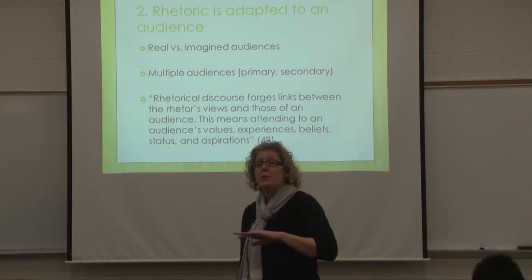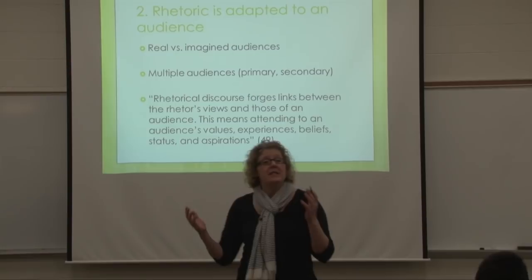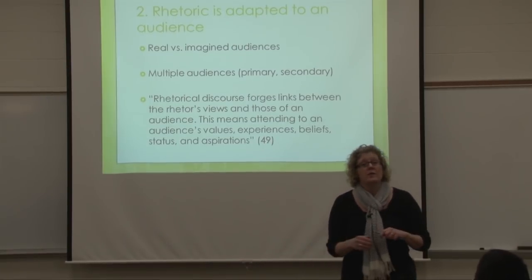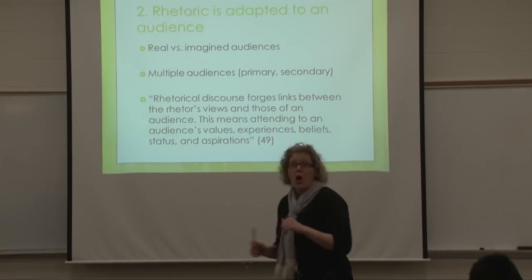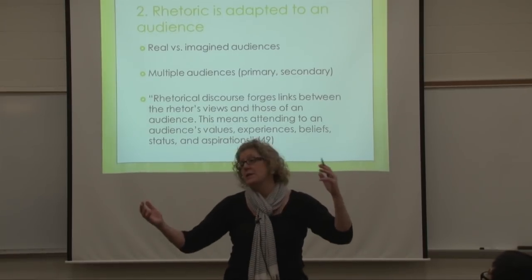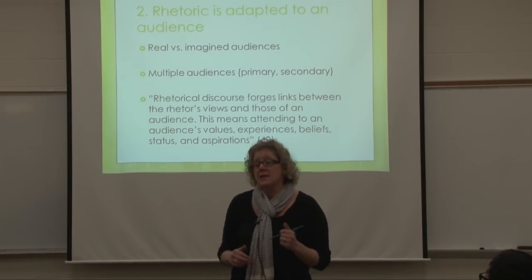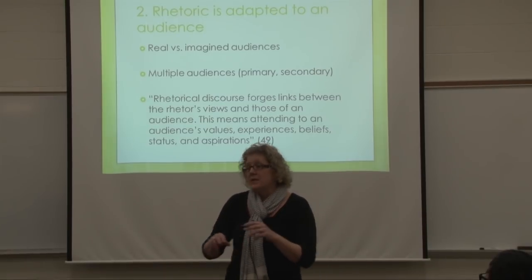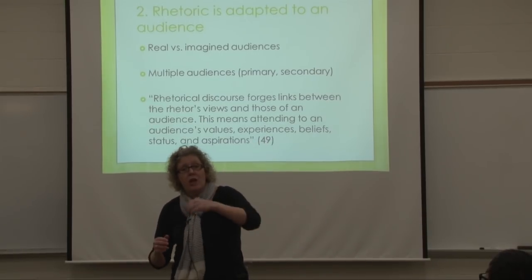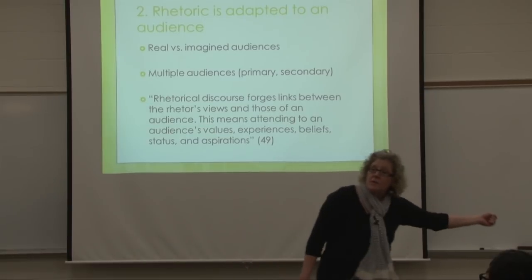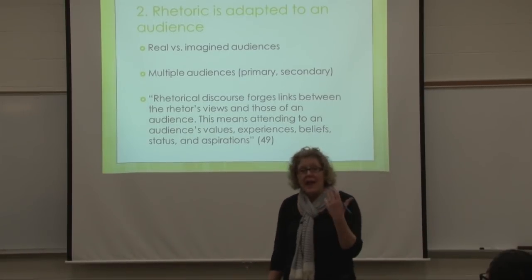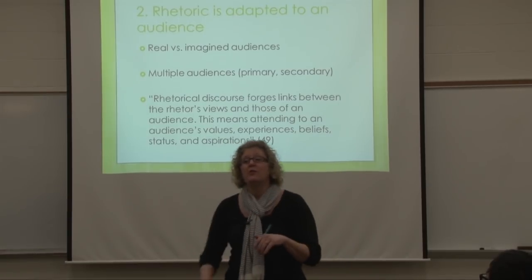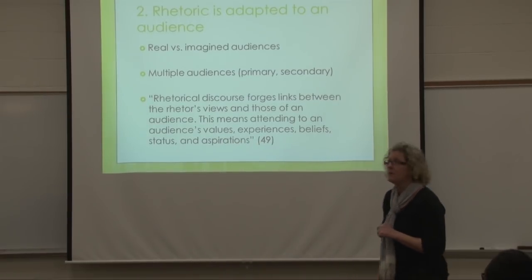So take, for example, slave songs from 18th and 19th century America during the slavery era. Those are rhetorical discourse. To one audience, say white slave owners, it's, we're singing in the fields passing time. The message to the secondary audience, each other, is, we're going to meet out in the woods for church late tonight. Okay, so you can have different messages for different audiences.